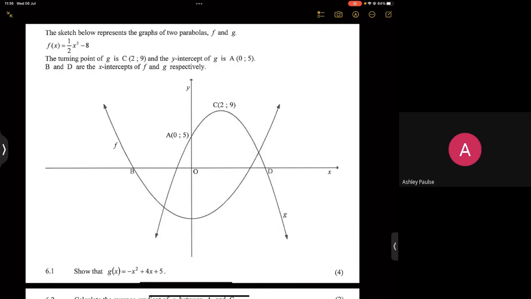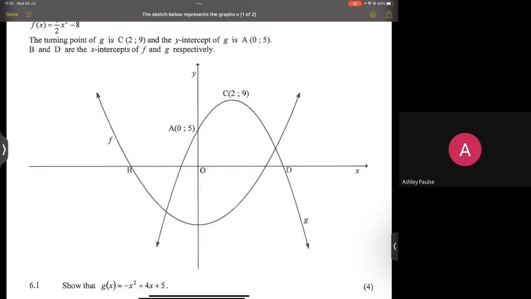Okay, now they say show that g of x is equal to minus x squared plus 4x plus 5. Okay, so g of x, remember, we're looking at this graph over here. How can we show that? Okay. Now, remember you've got your turning point.